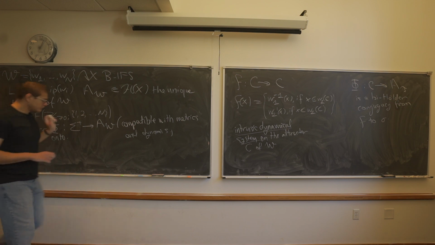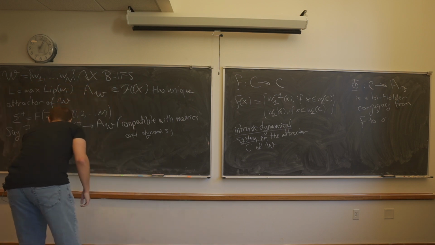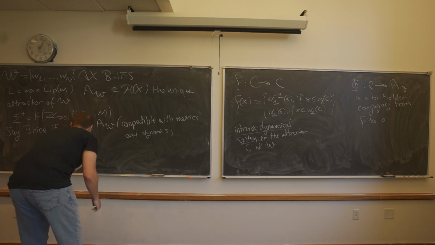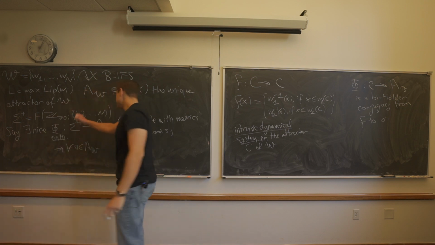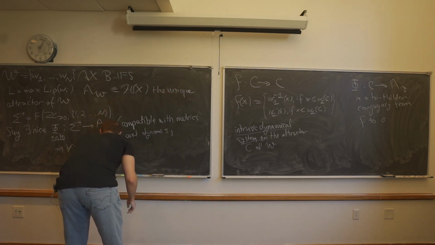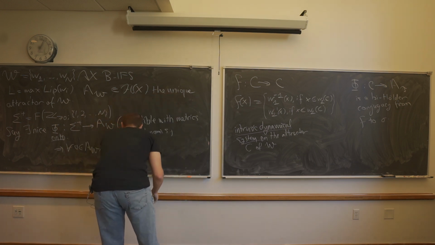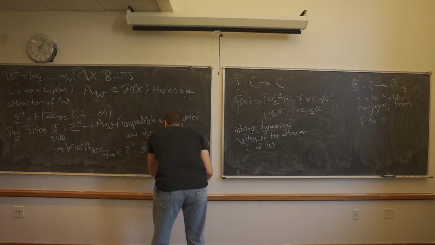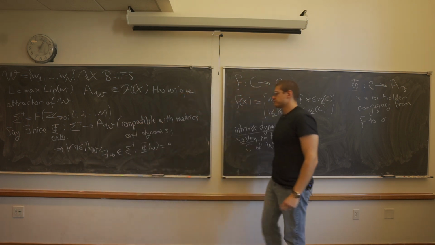Okay, so this means for any A in the attractor, there is an omega, at least one, such that this happens.